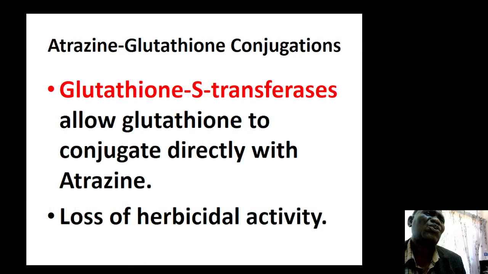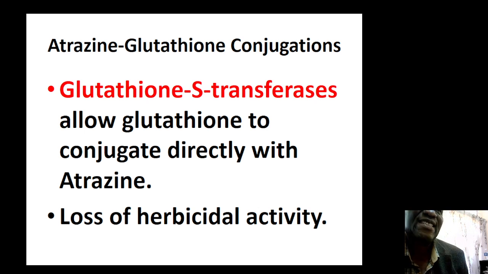Now, what we have been discussing was happening in phase 1. In phase 2, you have conjugation reactions, atrazine glutathione conjugations. The enzyme which is important here is glutathione S-transferase, which allows glutathione to conjugate directly with the atrazine.